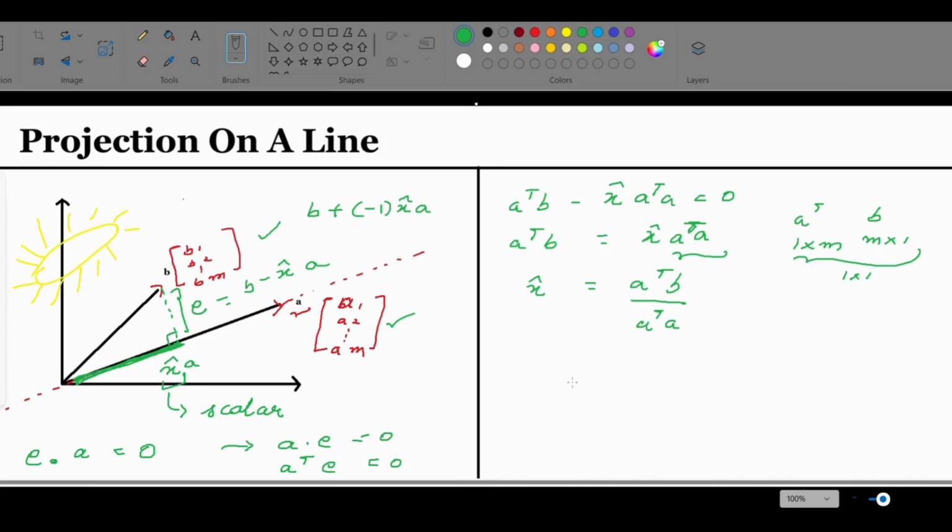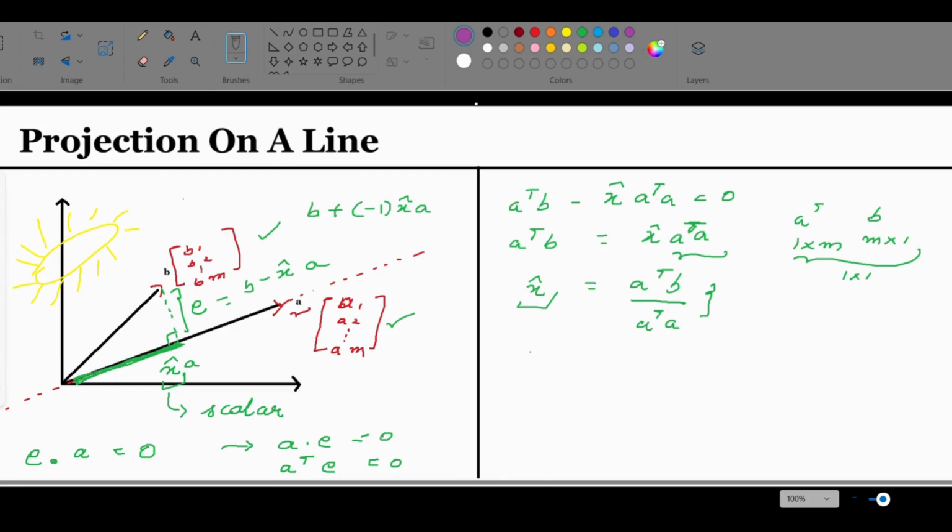Now, if you notice the right hand side of this equation, you'll see that the numerator A transpose B is a scalar value, and so is A transpose A, which is the denominator. And hence, when two scalar values are divided, you get another scalar, which is exactly what we needed for x cap. So now we finally have the proportion, which is x cap.